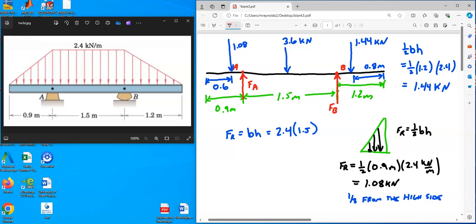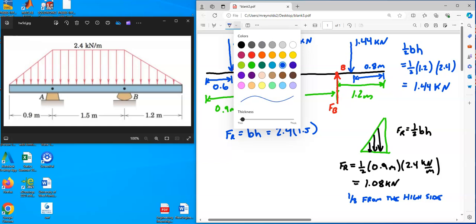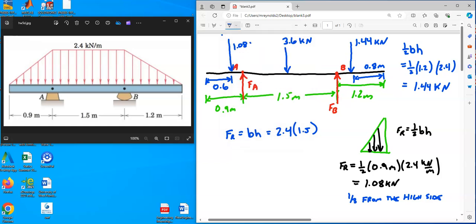We know there's a certain amount of load down from the distributed forces. I probably should label this one here. This is going to be kilonewtons. We know 1.8 kilonewtons, 1.08 kilonewtons, 3.6 kilonewtons, 1.44 kilonewtons. Those are all pushing down on the beam. What holds the beam up? Well, reaction forces FA and FB hold the beam up.